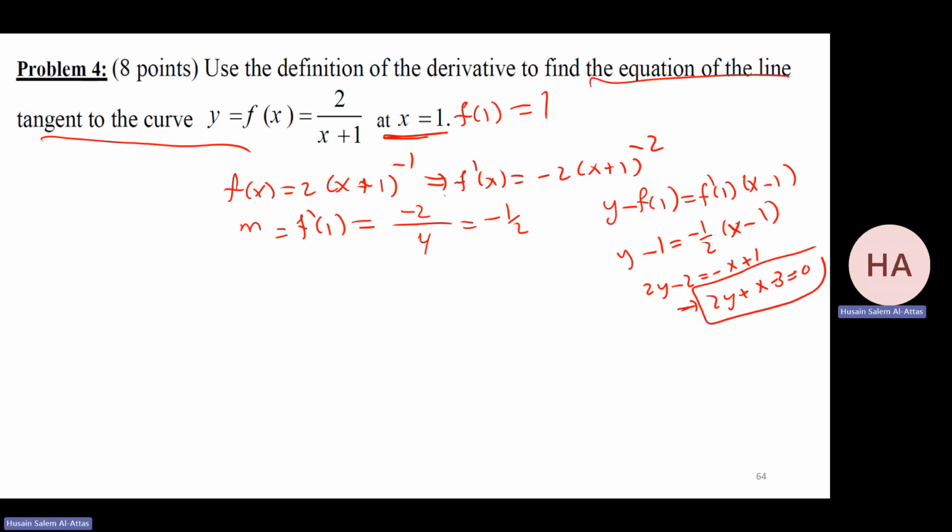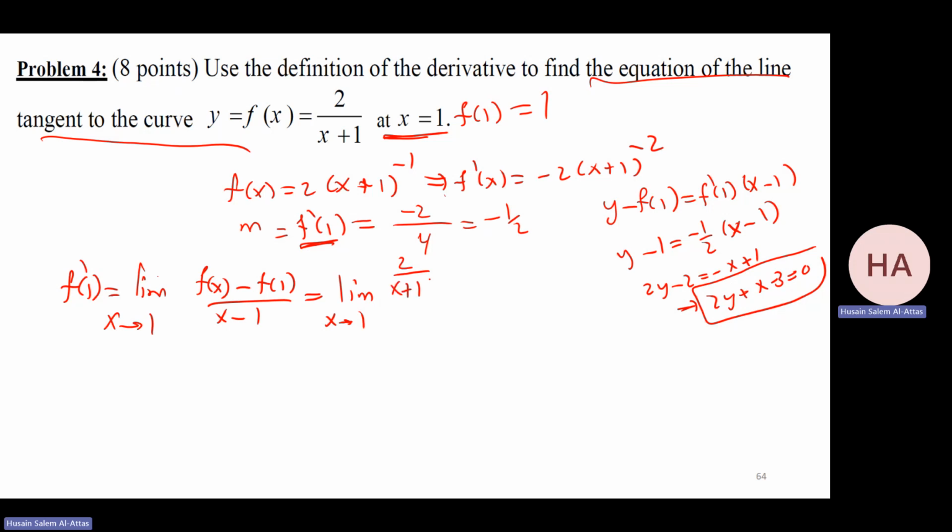But what I will do, I will find f prime at 1 using the definition also. It will be the limit. Which one will I use? As x goes to 1, f of x minus f of 1 over x minus 1. It will be the limit as x goes to 1 of 2 over (x plus 1), minus f of 1, which is 1, over x minus 1.